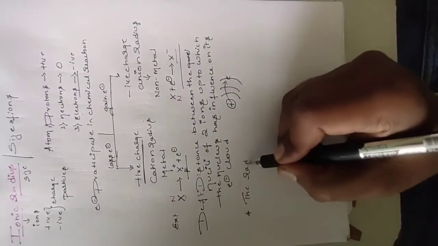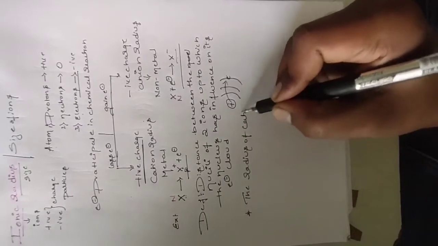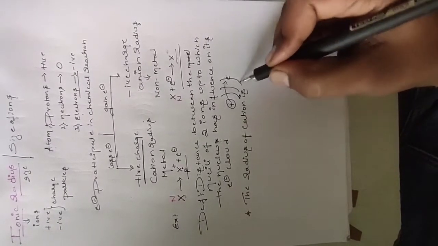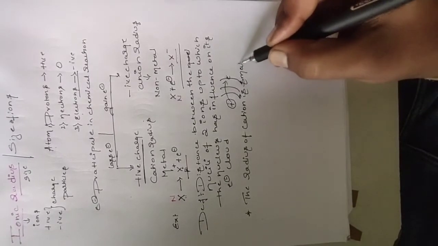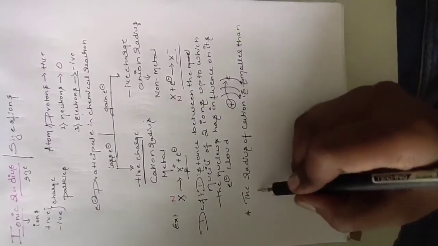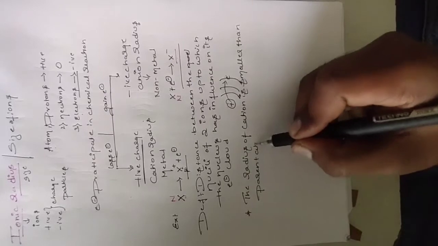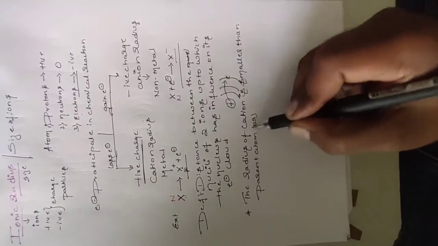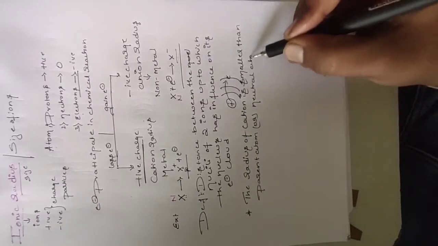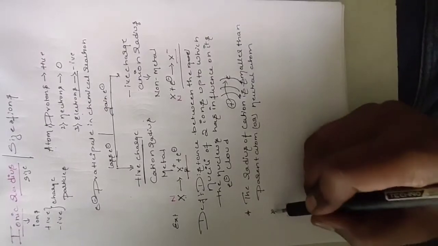The radius of a cation is smaller than the parent atom, or we can say the neutral atom.